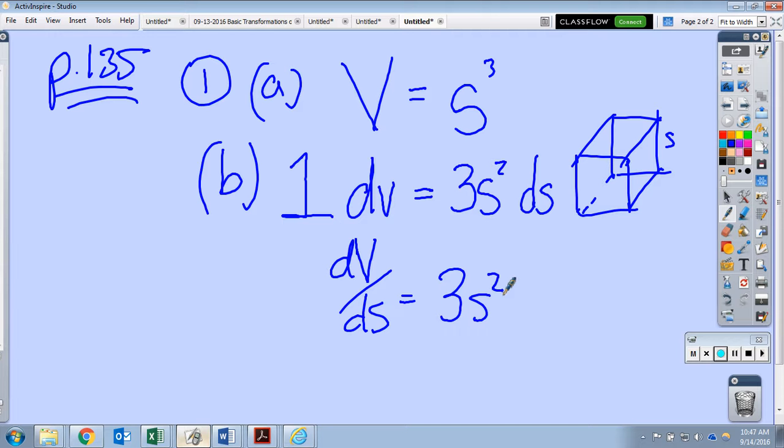If it's 2, then it's going to be 12. So let's be specific. When S is 1, the rate of change of the volume is 3 cubic inches per inch. And when the side length is 3 inches, the rate of change of the volume will be 27 cubic inches per inch.